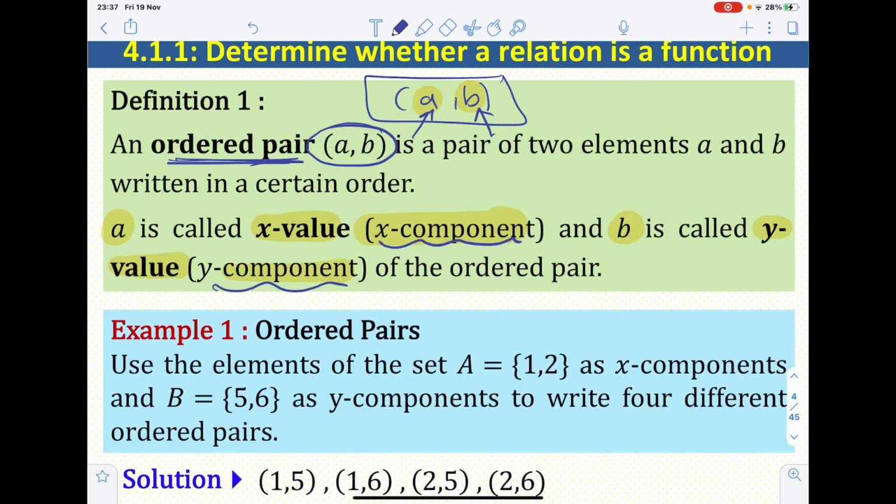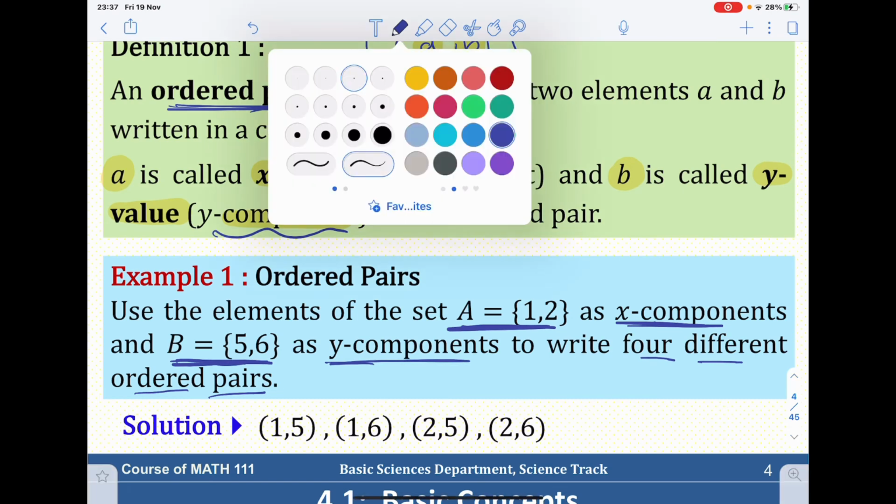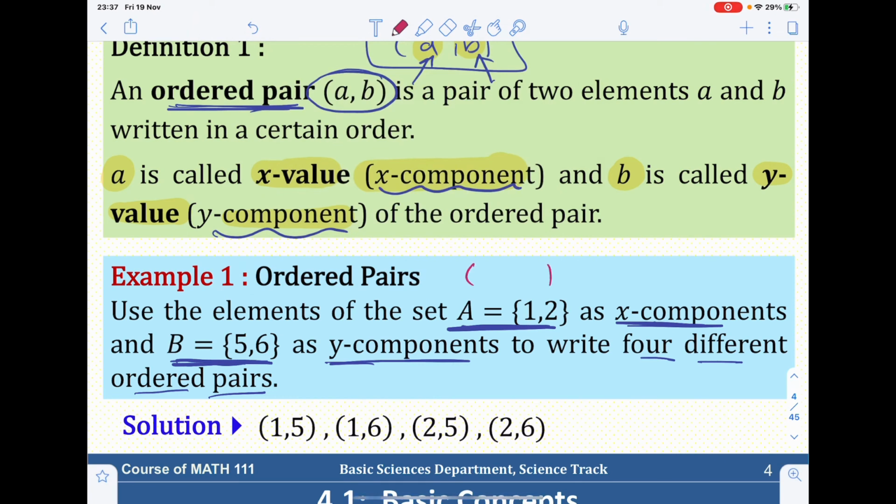Now we use an example here. They give us a set مجموعة A, 1 and 2, and another set B, 5 and 6. Okay, and they ask us to find out 4 different ordered pairs by using A as an X component and B as the Y component. So for the first one, I will just set 4 different ordered pairs.